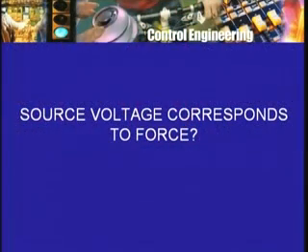I would like you to go through this and be able to see that, okay, the source voltage here V corresponds to what? Does it correspond to the force in the other case, or it does not? The current in the circuit, what does it correspond to? Does it correspond to the position of the mass or the position of one or the other end of the spring?